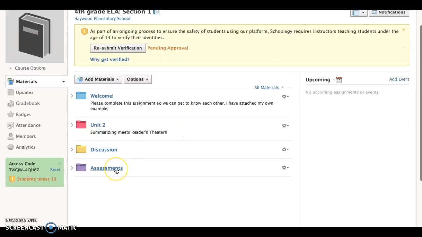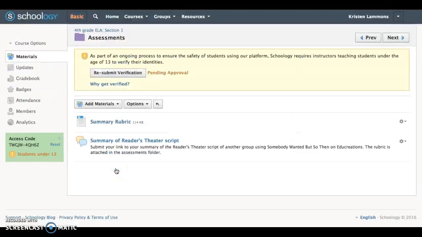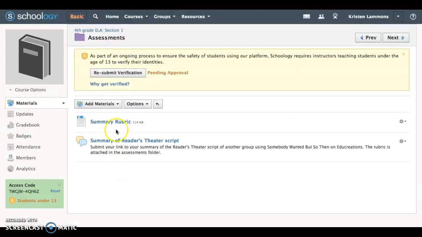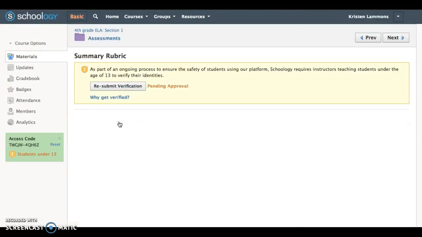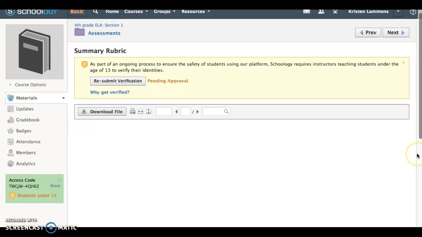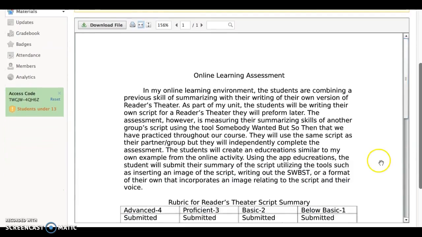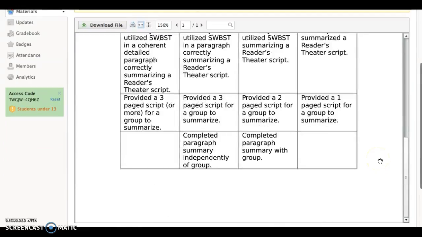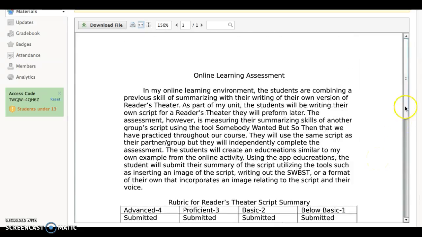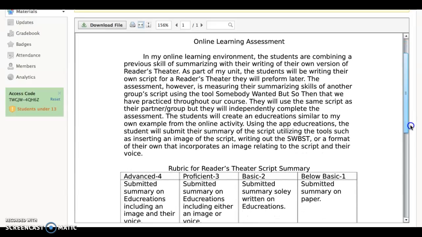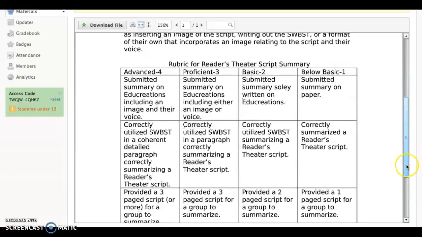And the last piece of this is their assessment for this quarter, let's open this, is to access where everybody posted their script and to write a summary off of somebody else's Reader's Theater script.